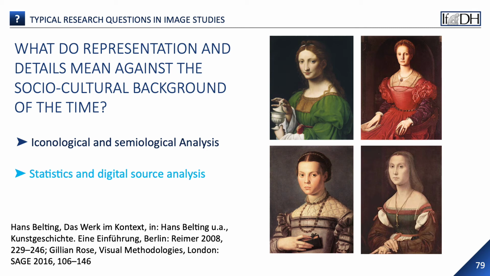These questions of contexts are notoriously difficult to model computer-aided. However, one could try to infer the viewer's prior knowledge and viewing experience, that is, the codes of a society, from the sum of all representations. Statistics and digital source analysis would at least be a start.